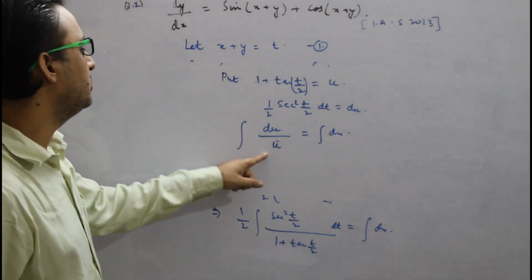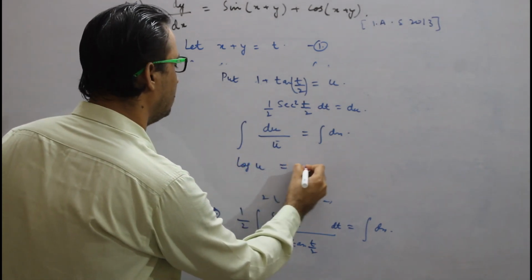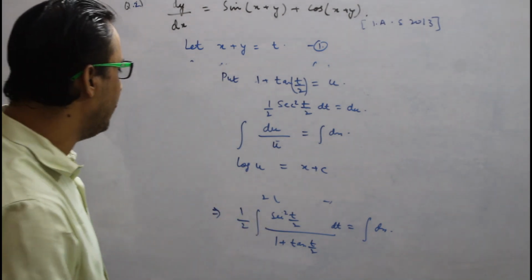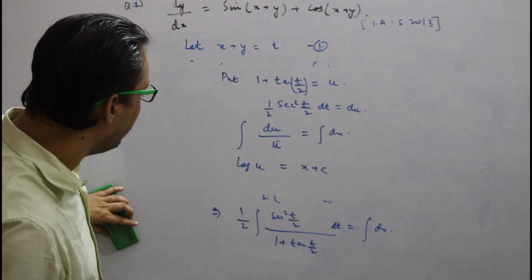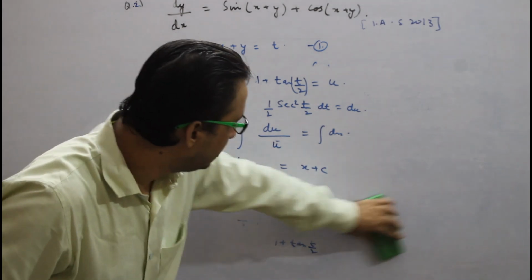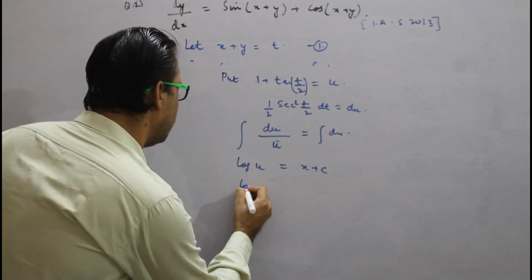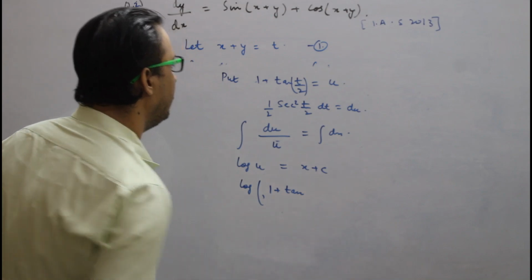And the integration of du by u is log of u is equal to x plus c. Now we will revert back the values. What is our value of u? 1 plus tan t by 2. Okay, so we can write it as log of (1 plus tan t by 2).